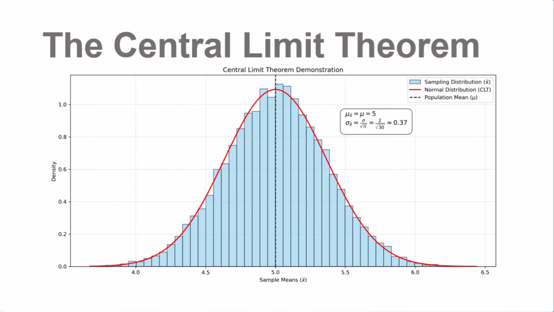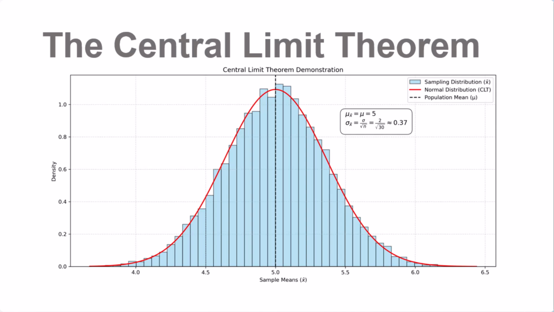In this case, sigma was 2. That was the standard deviation from my original population. And the sample size was 30, so n is 30. So 2 divided by root 30 is about 0.37. And that is fitting that red normal distribution curve.